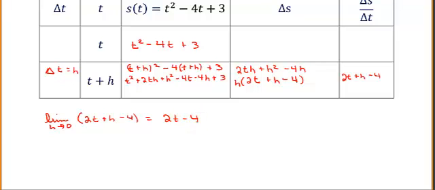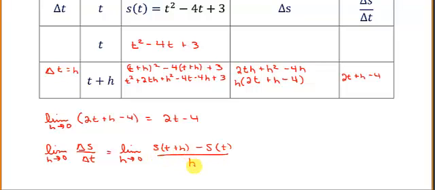Now notice what we've done here. I'll write this a couple of different ways. We've taken the limit as h approaches 0 of the change in position, the displacement, divided by the change in time. And that's also equal to the limit as h approaches 0 of s of t plus h, the value of s down here, minus s of t, the value at the left end of the interval, divided by the change in time h.